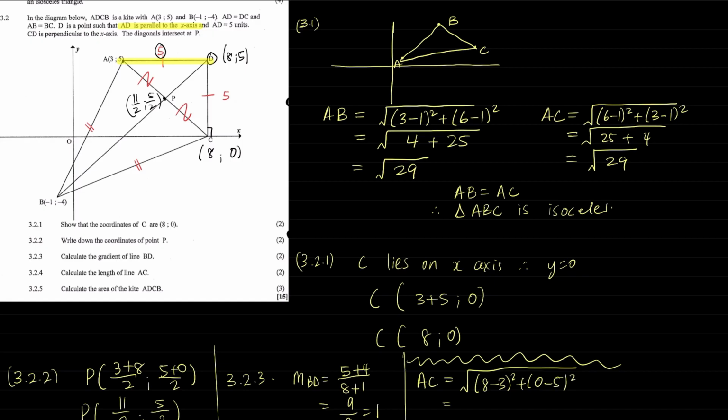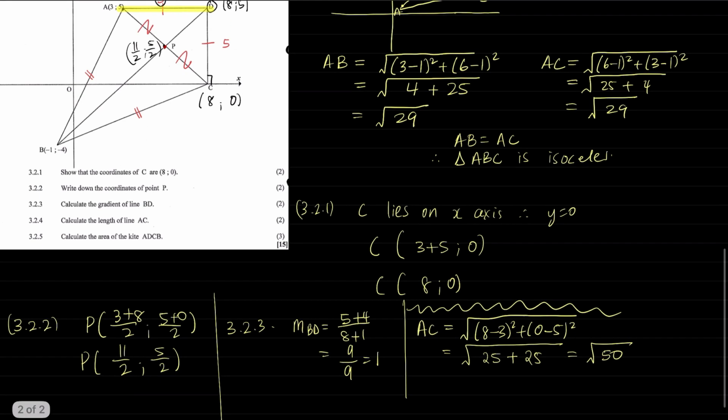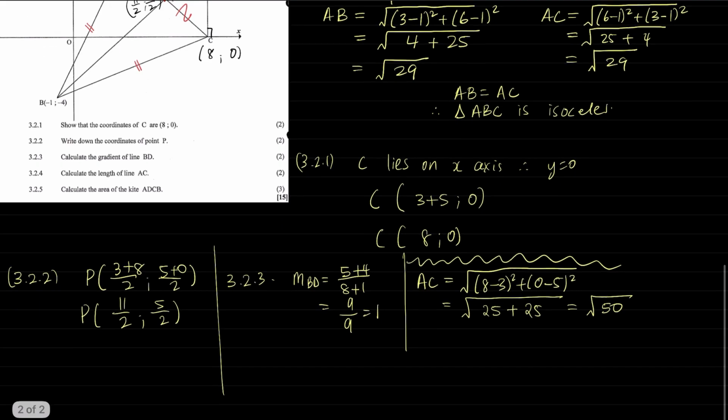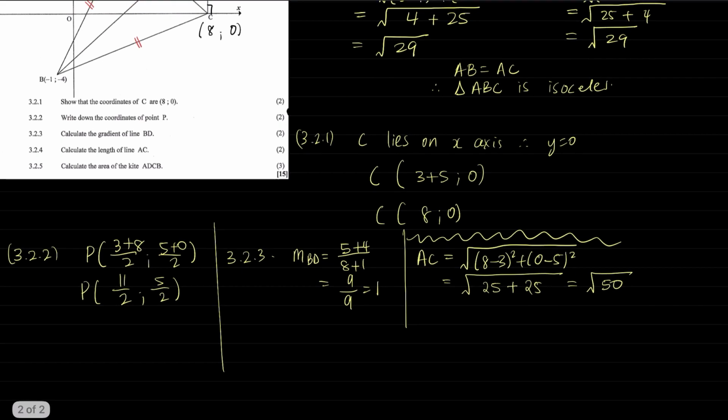And that's going to equal 8 minus 3 is 5, 5 squared is 25, plus 0 minus 5, that's negative 5, negative 5 squared is 25, so it's going to be the square root of 50. So AC is the square root of 50. And then 3.2.5, the last question, calculate the area of the kite.